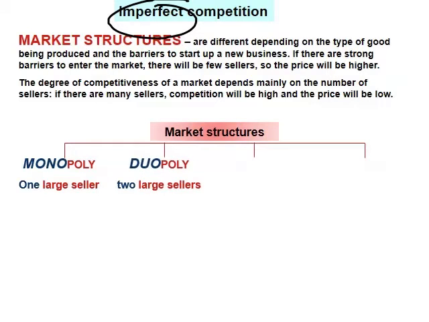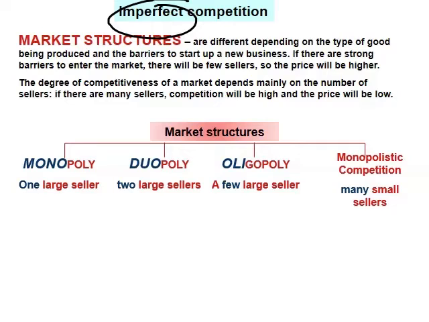Duo, two. Duopoly, two large sellers. Oligopoly, oli means a few, so a few large sellers. And finally, a name that's a little bit confusing because it seems similar to monopoly but is not. It's called monopolistic competition. Very common markets where you've got many small sellers operating, and they're very competitive.